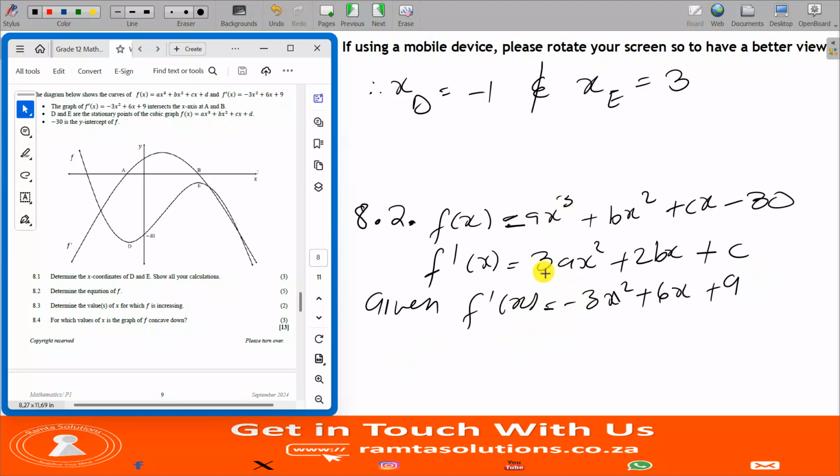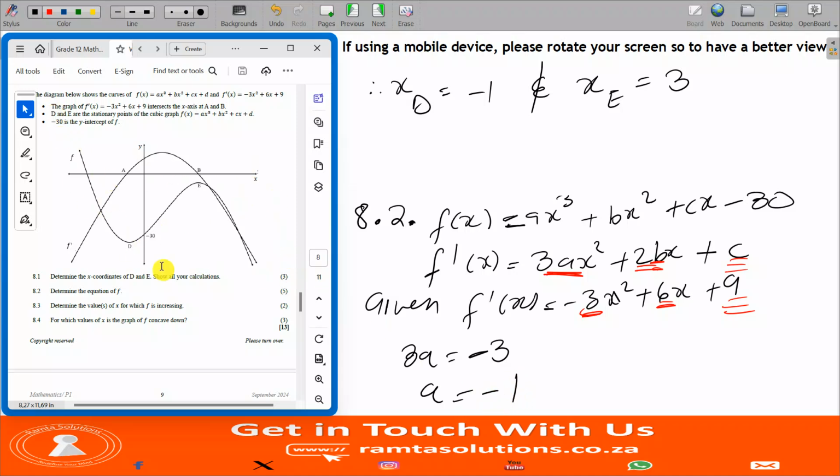Let me underline it. This part here is equal to this one here, and obviously c is equal to 9. Easily, we say 3a is equal to negative 3. This implies a is equal to negative 1.